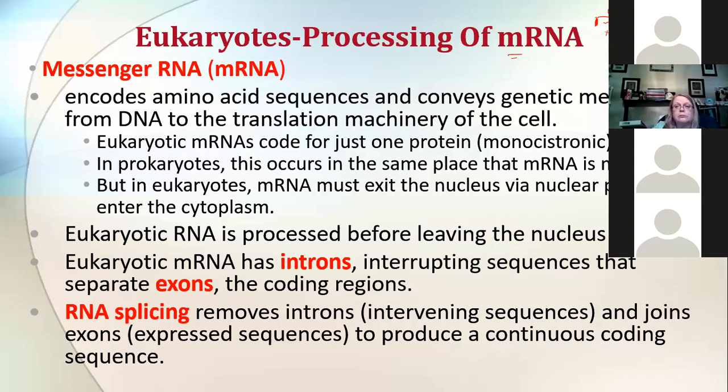Then the cell cuts out that non-coding portion from the coding portion of the messenger RNA, and that's how it saves ATP.